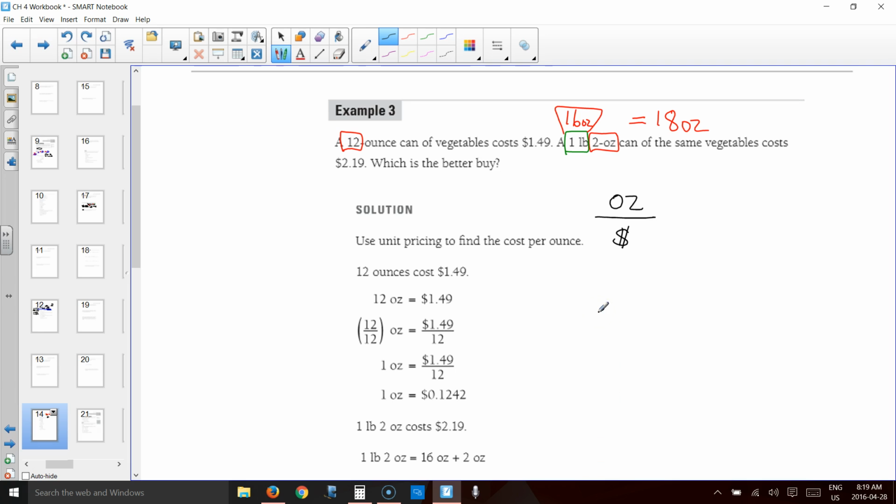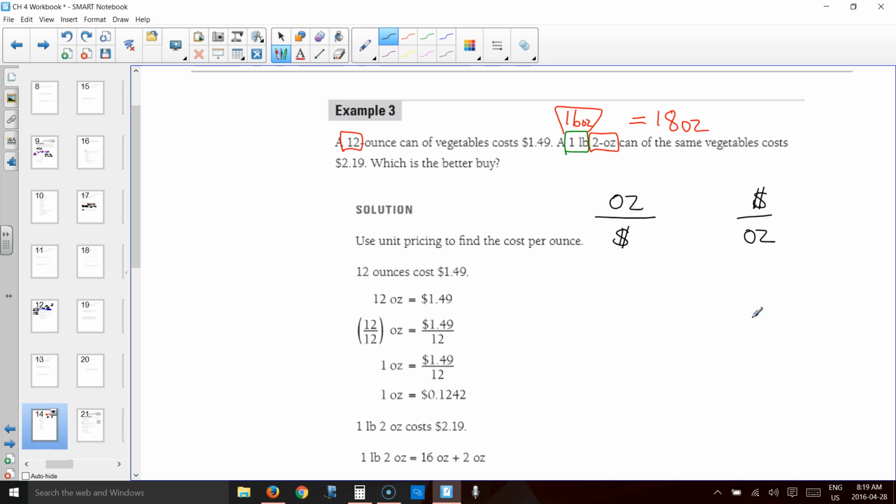Or are you going to find out how many dollars per ounce? You see the difference. On top is the ounces, below is the dollars. Or on top is the dollars, and below is the ounces. Both can give you a unit rate. You just have to be clear on which way you're doing.